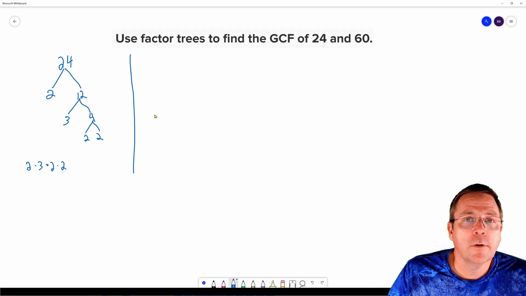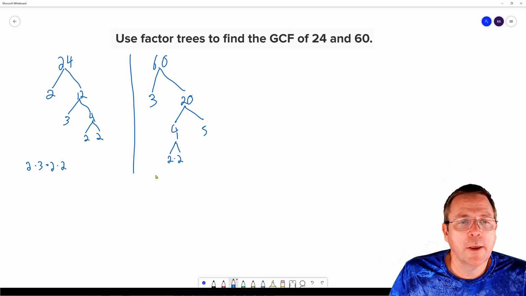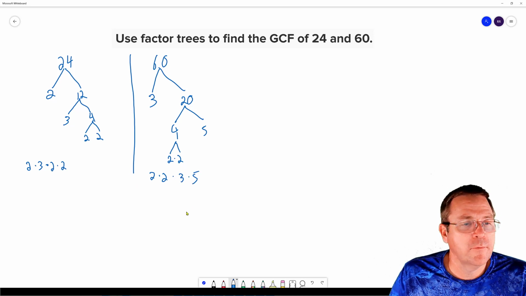And then over here, for the 60, I'm going to break this down as 3 times 20. 20 is going to be a 4 times 5, and of course 4 is going to be a 2 times 2. So what do you have here? You have 2 times 2 times 3 times 5.